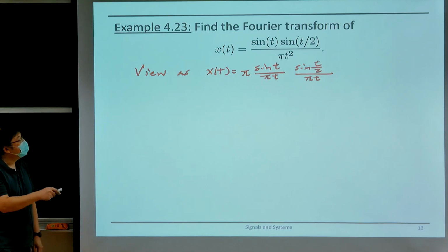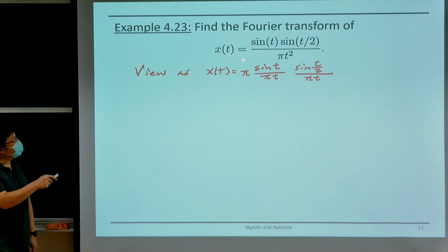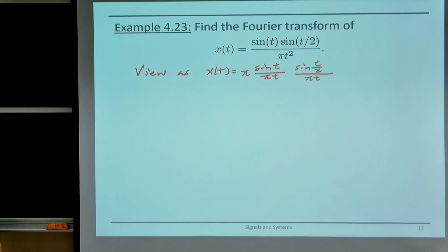So you can actually view x of t as a scale of the multiplication of two sinc functions. If you observe this fact, then the Fourier transform of this may be easier to compute by first computing the Fourier transform of these two and then performing the convolution.